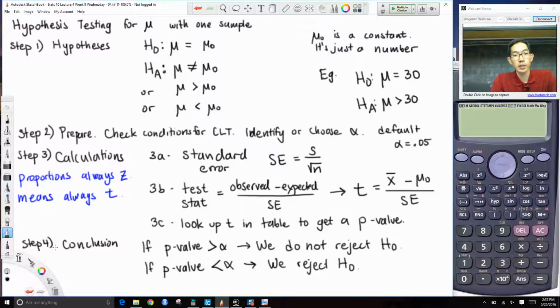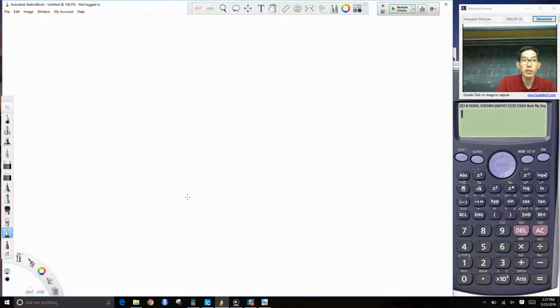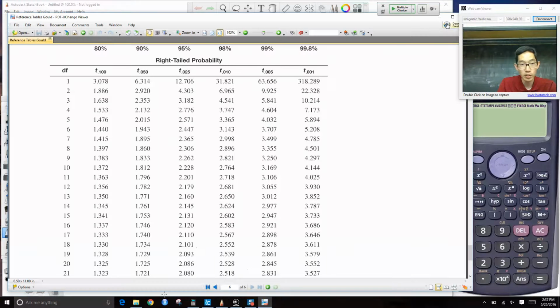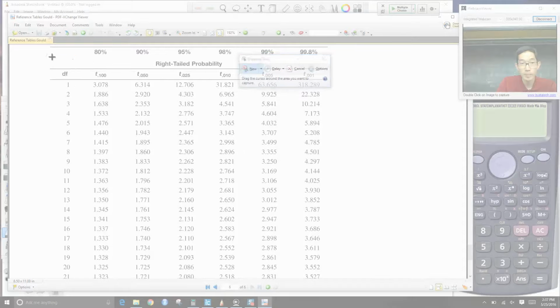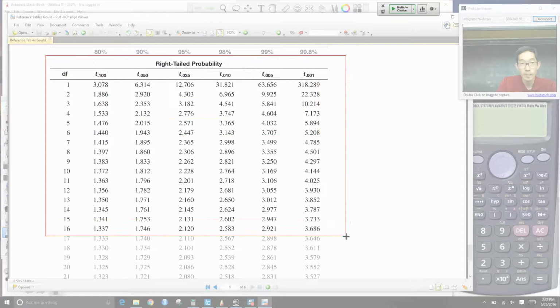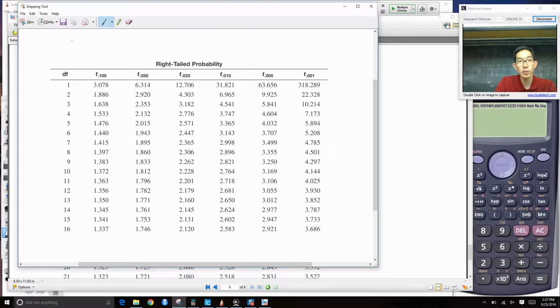Okay, let's talk about using the t table. So I'm just going to say you've done all of your other work. You got the standard error, you got your test statistic, and now we want to go from the test statistic to the p-value here. So let me copy this part of the t-table.